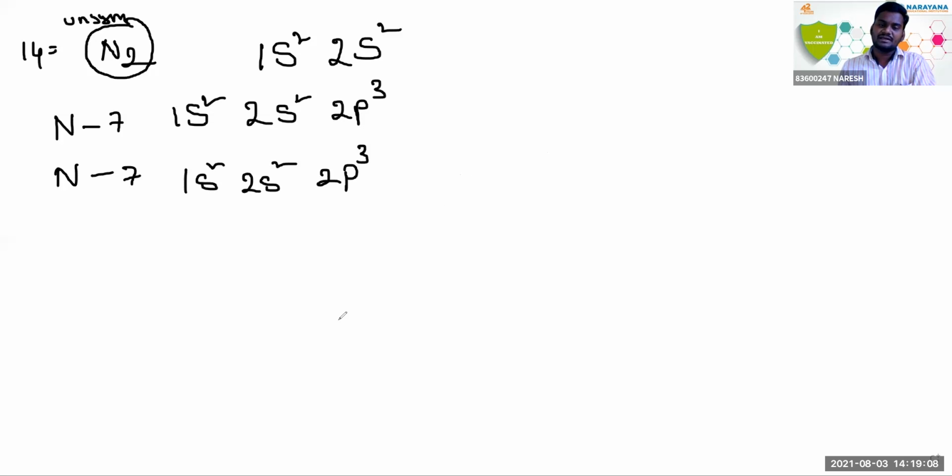Now here, after filling of electrons from bottom to top, this is the energy barrier. So how many bonding electrons and how many anti-bonding electrons are there? Tell me.